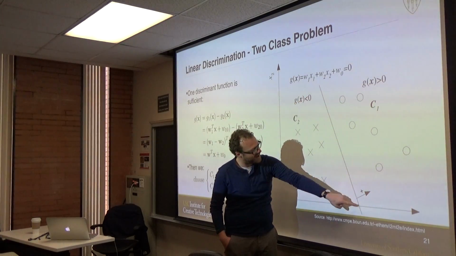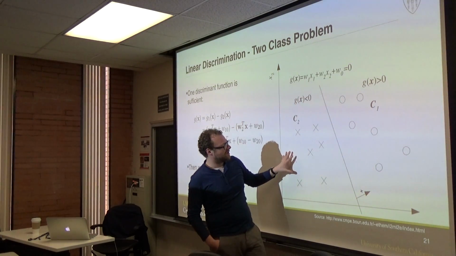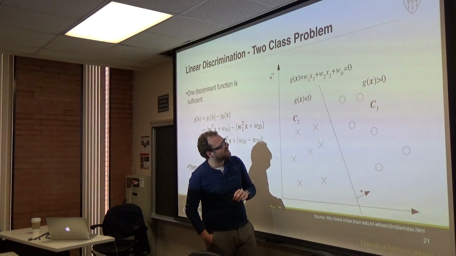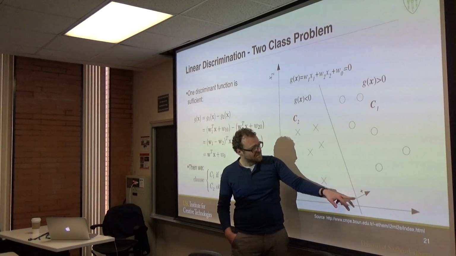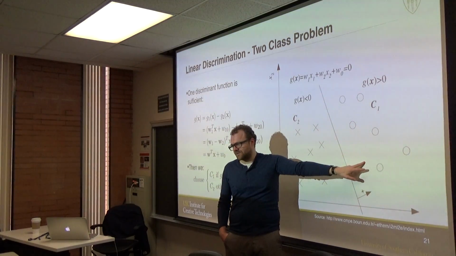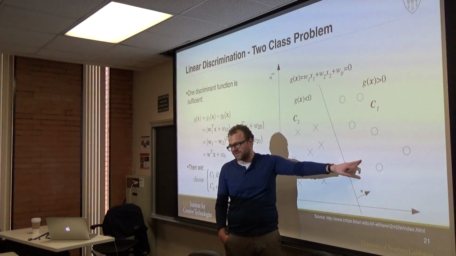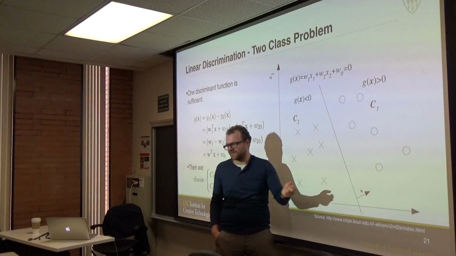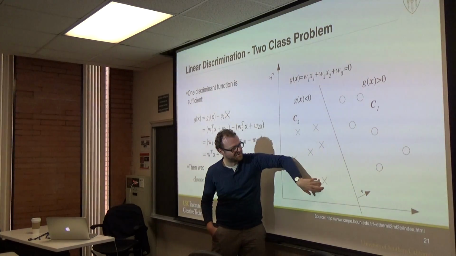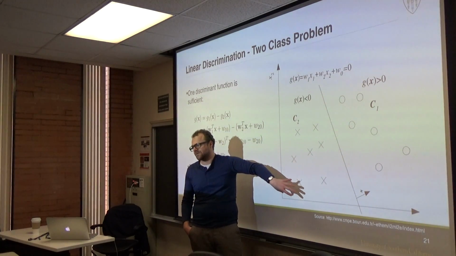And what you now do, you try to find through gradient descent or gradient methods this line here that splits up our space perfectly into squares and crosses. Geometrically, everything that is on the right side of this line is going to have a positive sign, like a plus, and everything on the left side is going to have a minus.